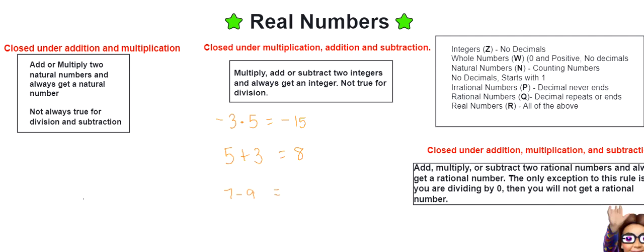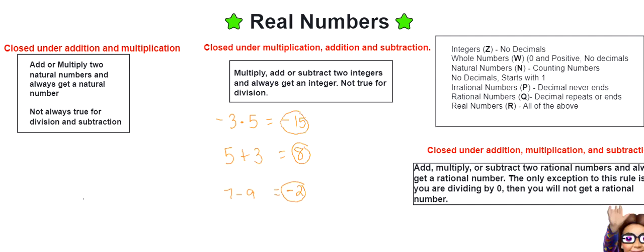Well, if I've got 7 positives and 9 negatives and I put them together, it leaves me with 2 negatives. We're going to be going over this in the next video. So if you're struggling with adding and subtracting integers, I'm going to help you with that. I've got different methods to show you. So in all these cases, we end up with an integer for an answer.